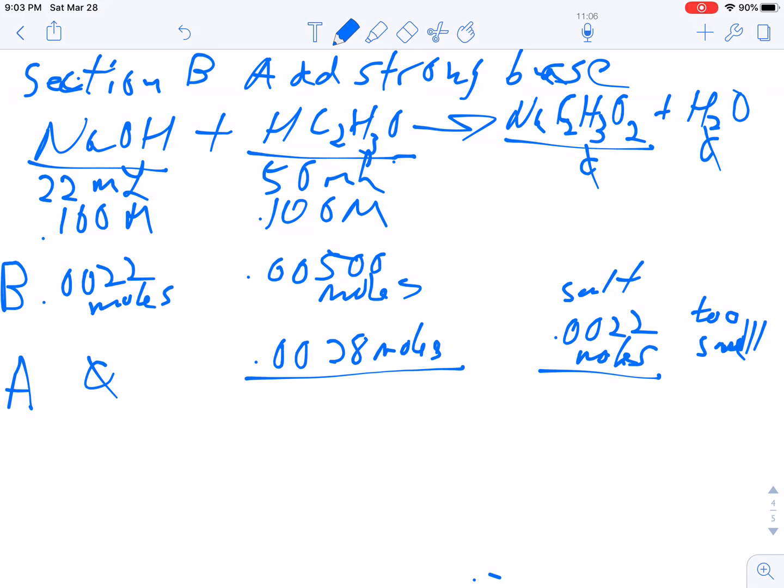So I have 22 milliliters plus 50 milliliters.